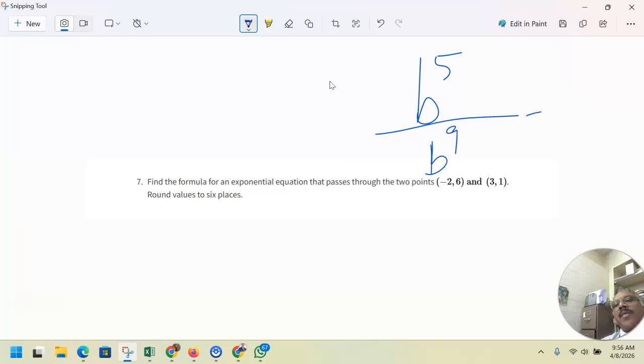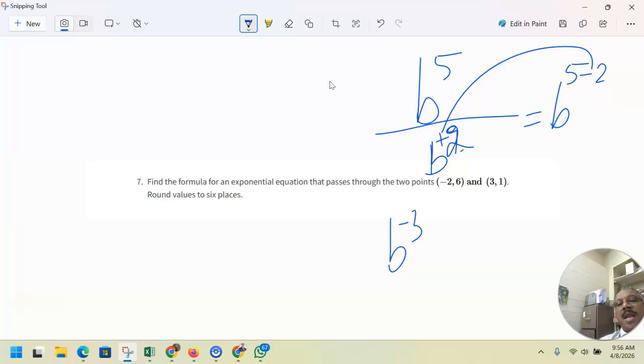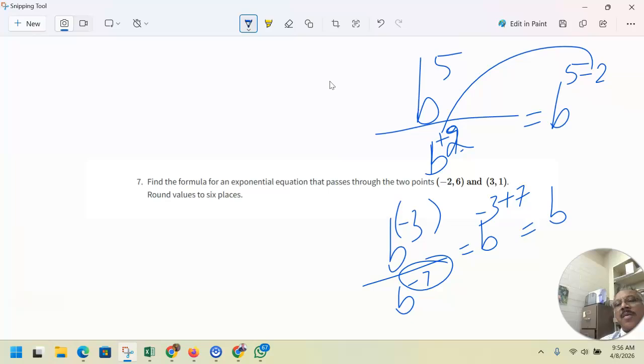In that case, you write B equals 5 minus 2. Because this is plus, it changes to minus 2. If it was minus 3 and B raised to minus 7, then this stays the same, and what changes is this one to plus 7.